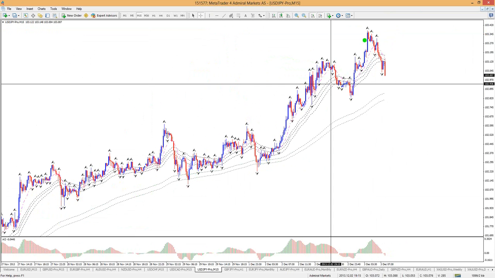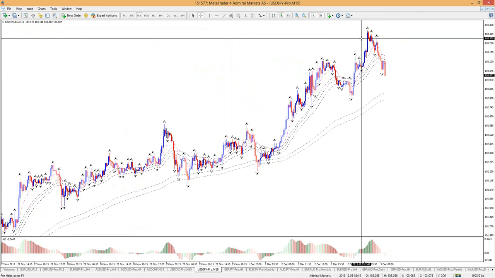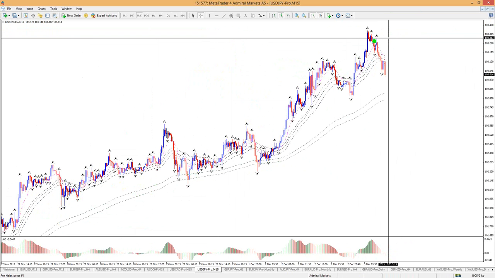From my perspective, I would need a breakout above 103.30 to be able to trade this dollar yen, 103.31. You might wonder why, because 103.70 is pretty close by, so there's only 40 pips above 103.30, but 40 pips on a 15-minute chart is not bad, and could be enough.